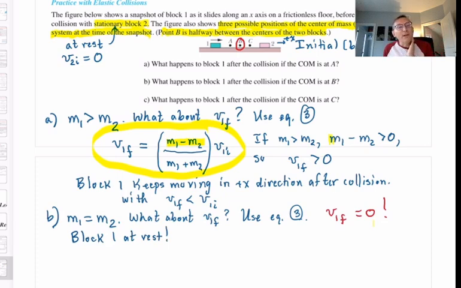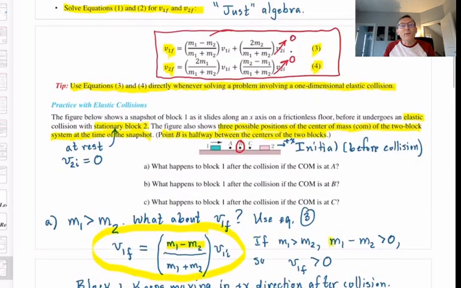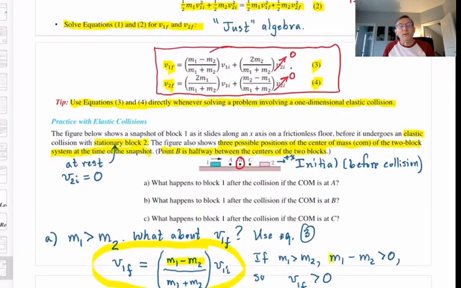Let's see what block 2 does. What about block 2 after the collision? Use equation 4. Okay, I'll bring that one back into view so that we can see it. Equation 4, I want now V2 final. Remembering V2 initial is 0, there it is.